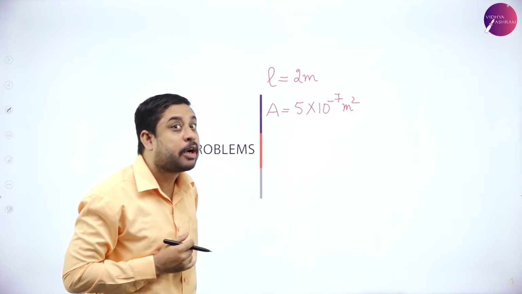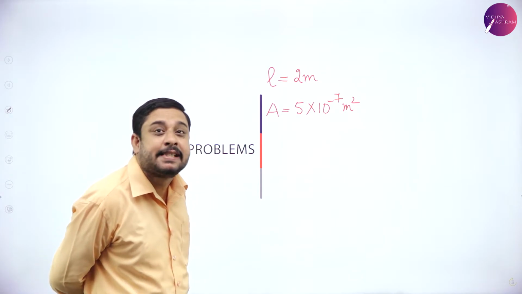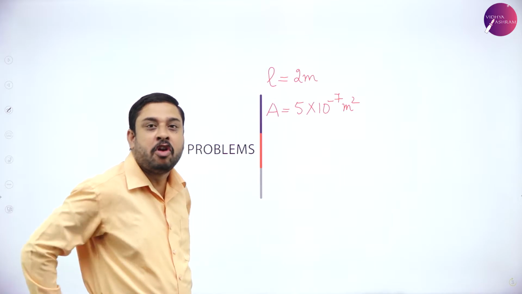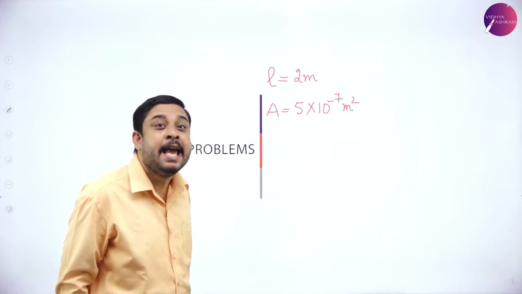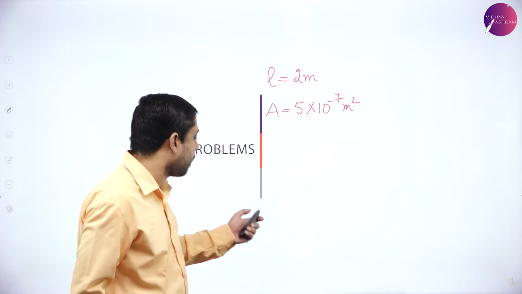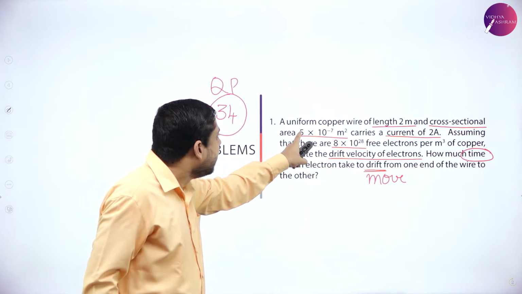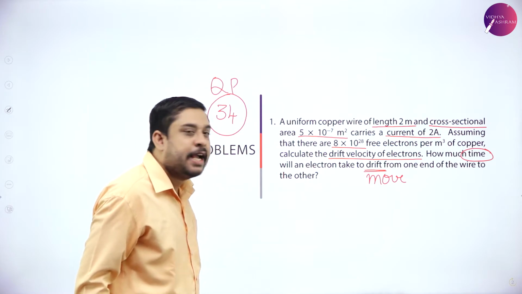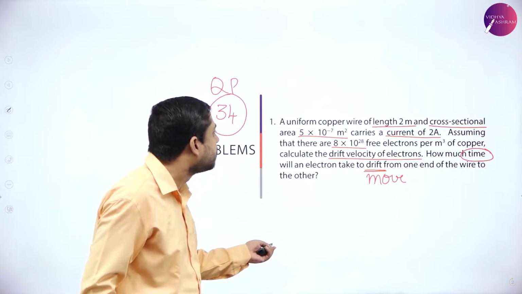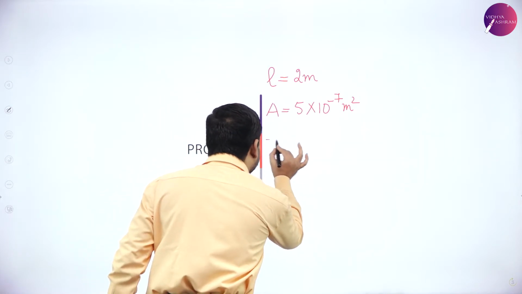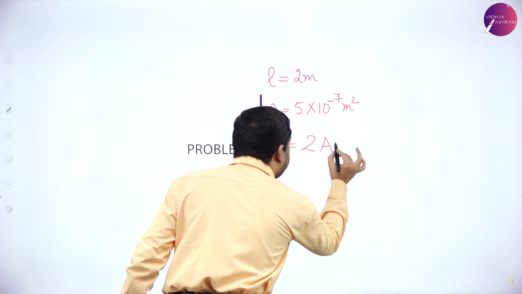And one more important thing, all units have to be expressed in SI system. If not, you have to convert the given units to SI and then calculate. So length is 2 meters, area is 5 into 10 power minus 7, current is 2 amperes.